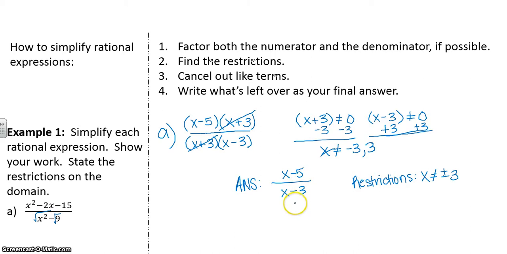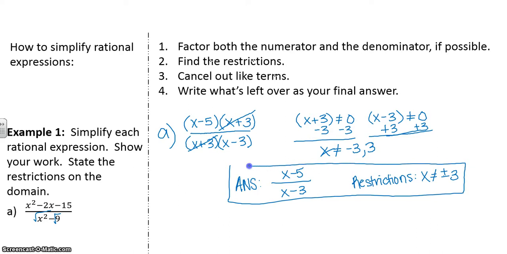That doesn't work that way. So just know that if you see an addition or a subtraction sign, that means there are invisible force fields or invisible parentheses around those, so you cannot penetrate those. You can't just cross out those x's. Okay? So then that's it. That's your answer and the restrictions.